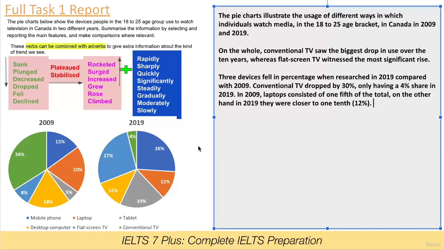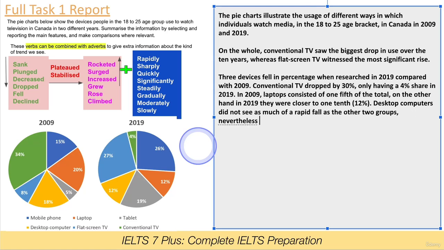Desktop computer was the last grouping here. So desktop computers did not see as, we can compare them now to the other two, did not see as much of a rapid fall as the other two groups.